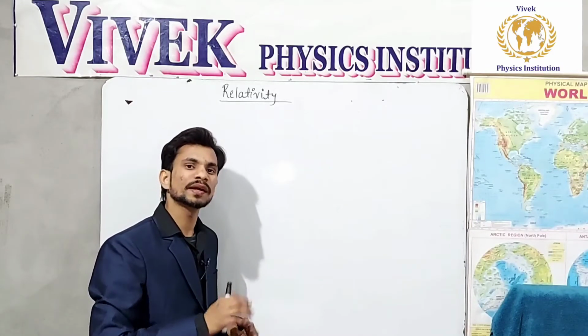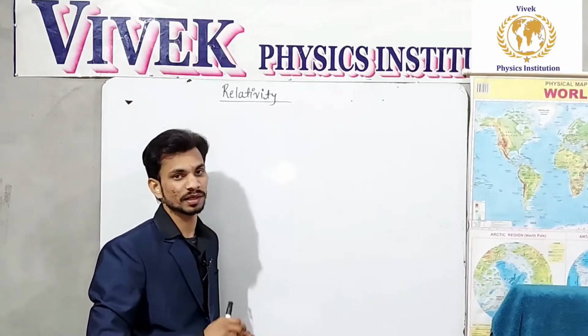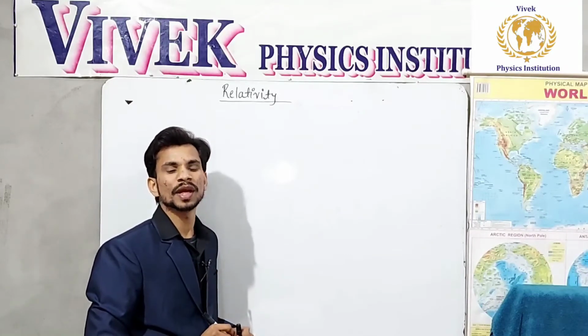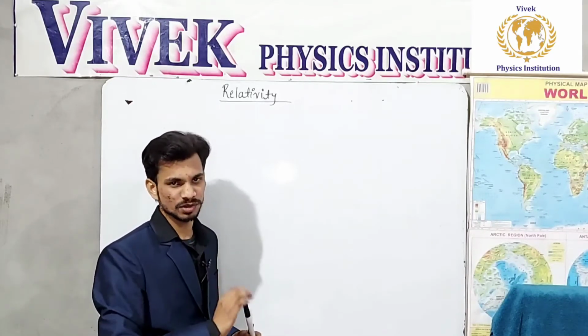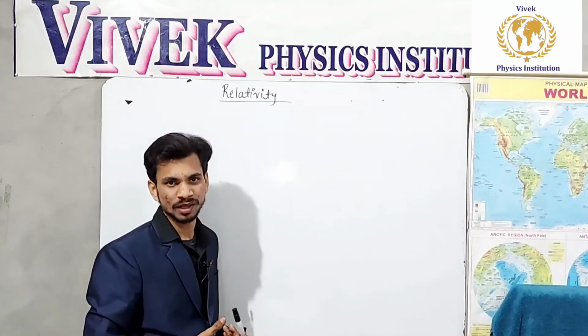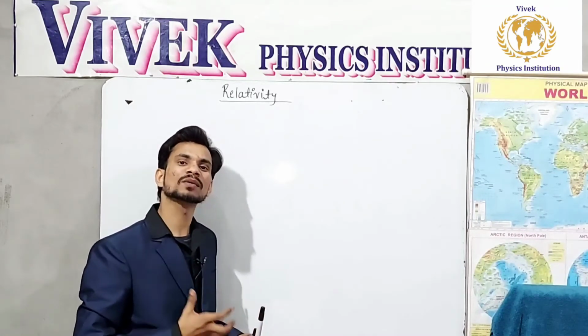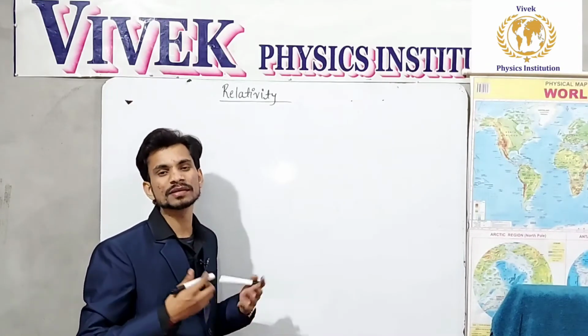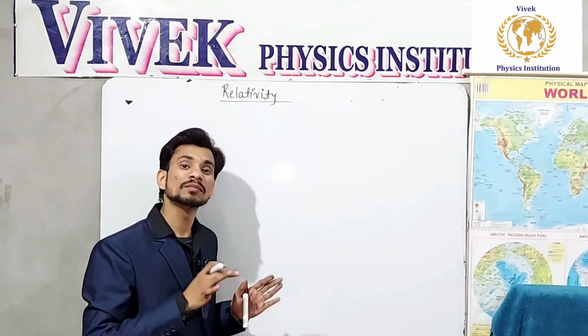So you can define the inertial frame of reference as a system in which all the fundamental rules like laws of motion, linear conservation of momentum, angular conservation of momentum and energy conservation can be valid.